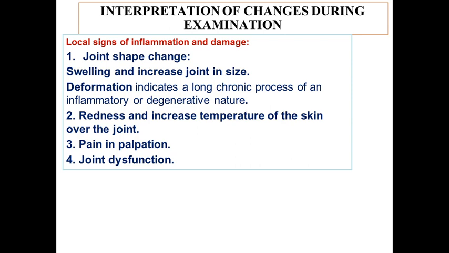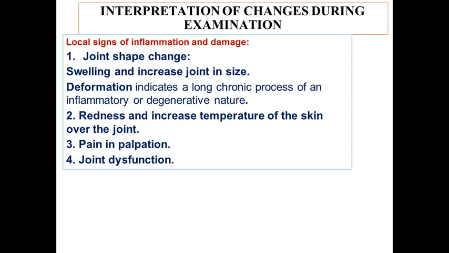First are local signs of inflammation and damage. As for joint shape, you should assess joint shape changes, swelling and increase of the joint in size. You should be able to detect deformities. Any deformations indicate a long chronic process of inflammatory or degenerative nature.